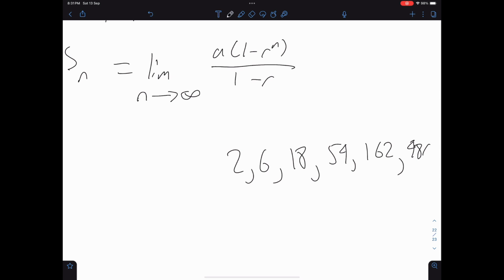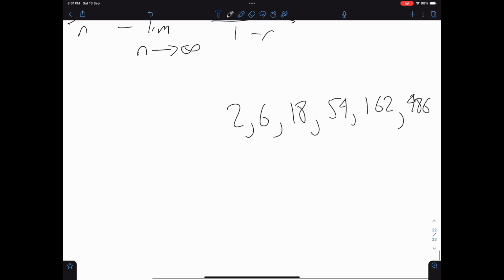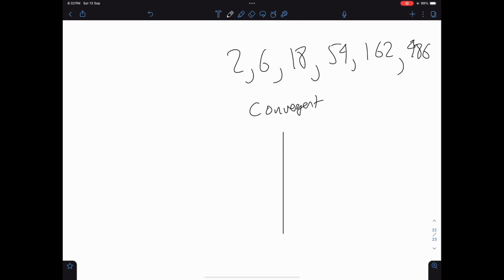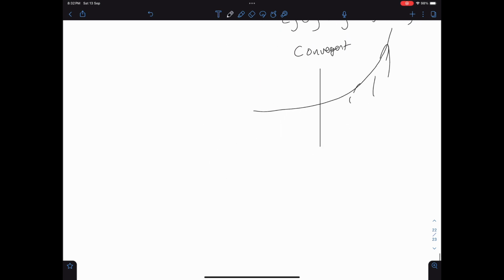And if we kept adding that up, because the numbers keep getting bigger, we just get to infinity, right? So there's no finite sum. Divergent. And on a graph, it's an exponential growth curve like that. And the sum of that doesn't converge, right?